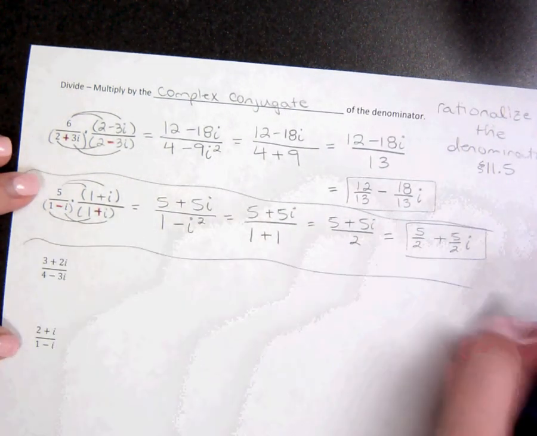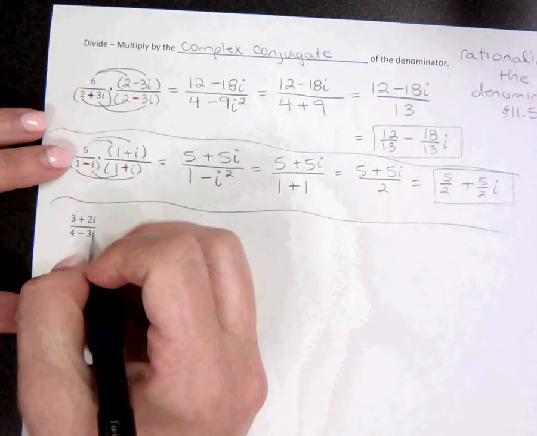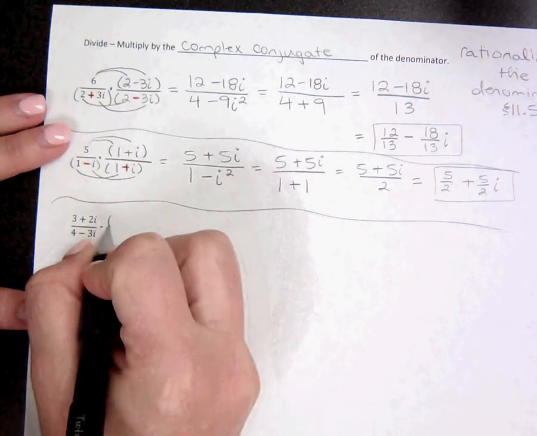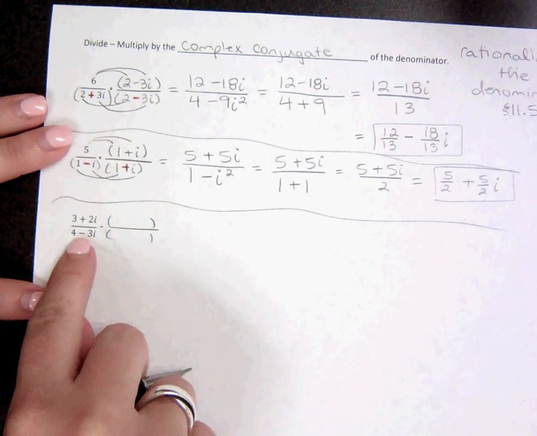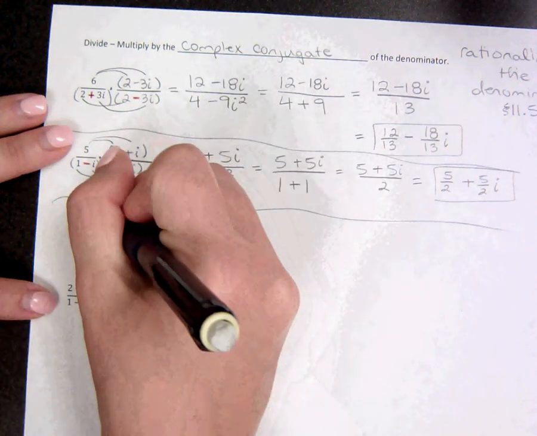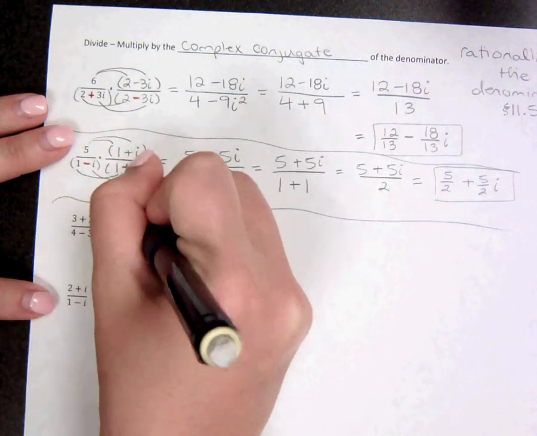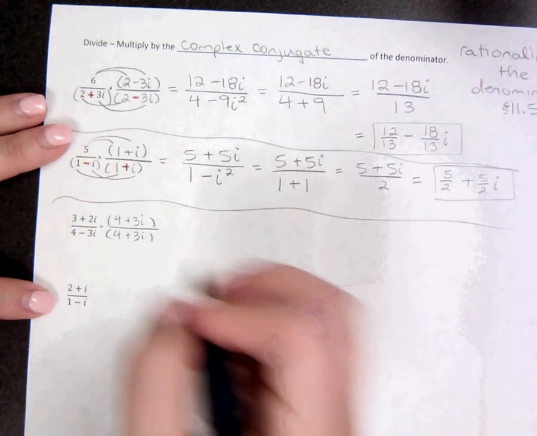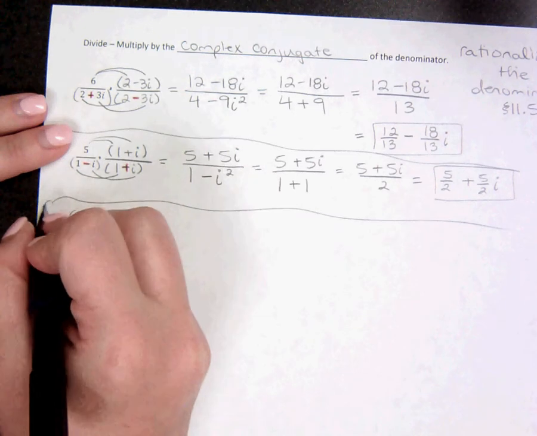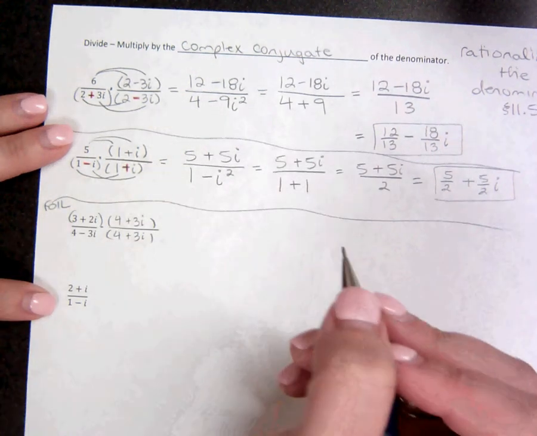Same idea for the last couple. We're going to multiply the top and the bottom by the conjugate of the denominator. Remember, it's about the denominator, not the numerator. So 4 plus 3i. On top, we're going to have to multiply it out using FOIL.